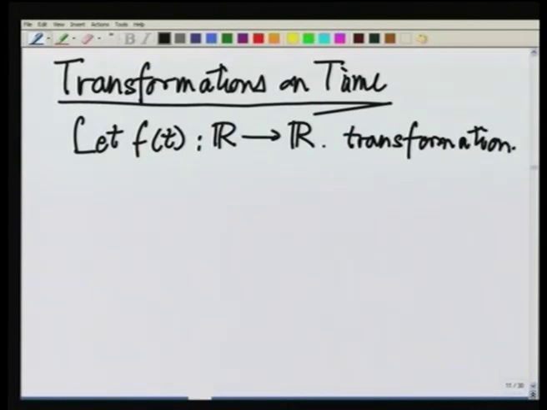Principally, we will consider three kinds of transformations of time. The first is f of t of the form t plus tau, where tau is obviously real.